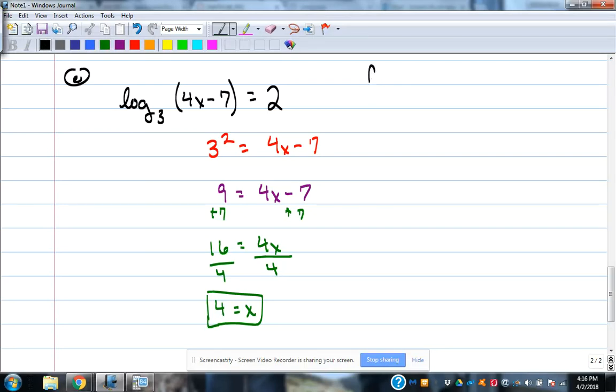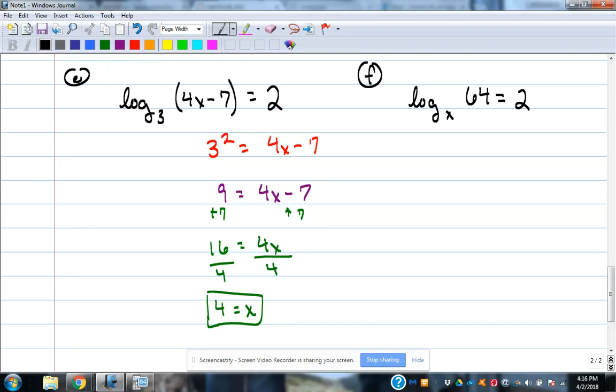Okay. Here's another one that could be helpful to think about in that way. Log base x of 64 is equal to 2. We want to think about that as an exponential. Is it just 8?